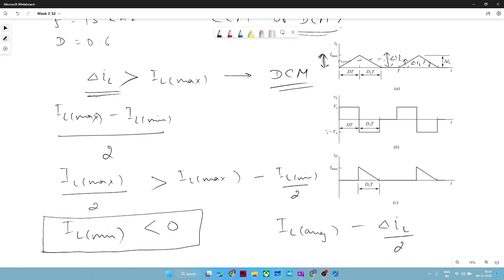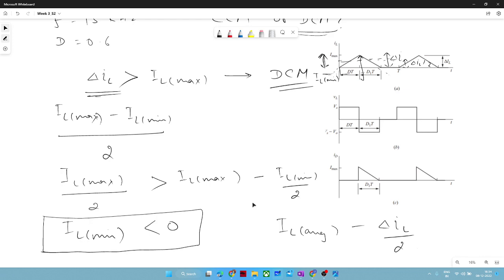Let's take your value is coming around here. This is your IL min, right? Now, your ripple current value is what? However, it is not true in practical circuits. Just for the hypothesis, this ripple current will be that much.